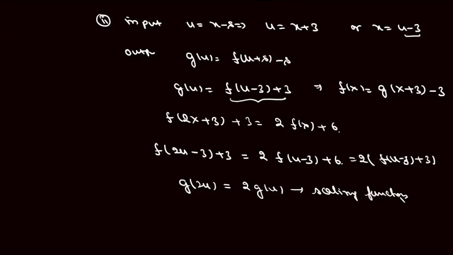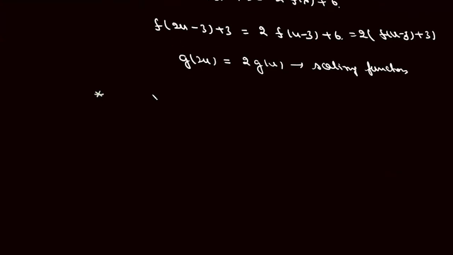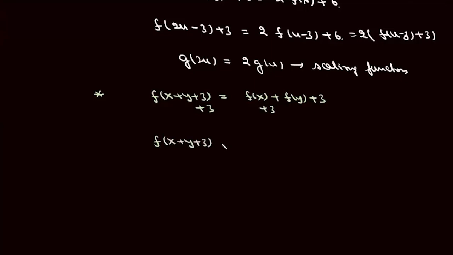Now, if we transform this second equation, we can write f(x + y + 3) is f(x) + f(y) + 3. Now, if we add 3 both sides, then we can write f(x + y + 3) + 3 is f(x) + 3 + f(y) + 3.